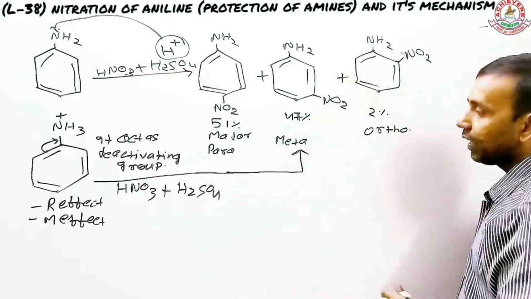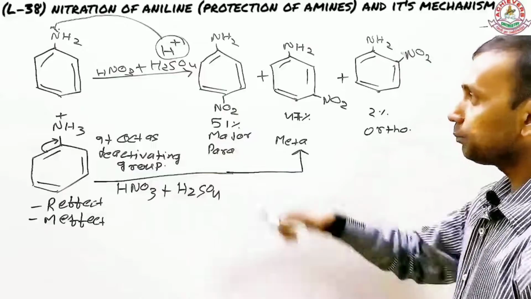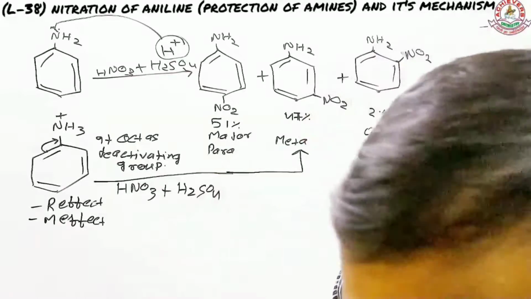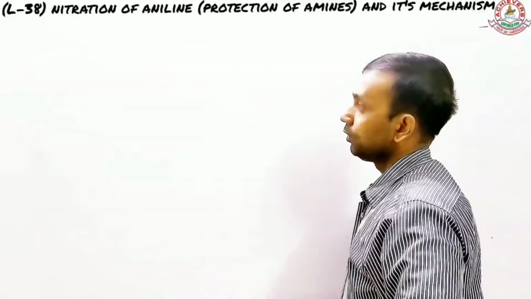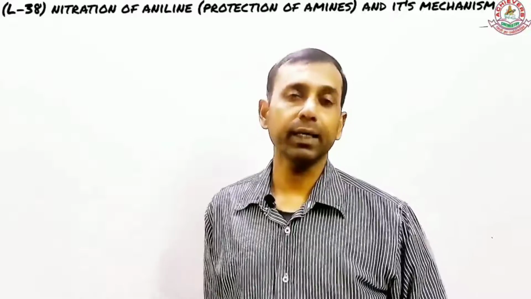Now the question is, how can we get only this product? So what I'm going to do, I'm taking this space off so that I can take you through the actual topic. The question is, how can we obtain only para-substituted nitroaniline, right?